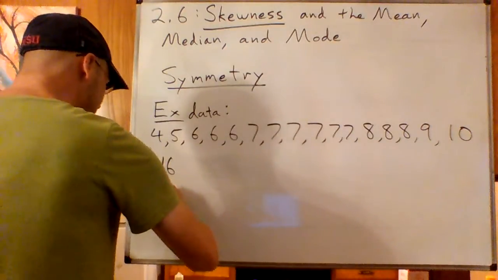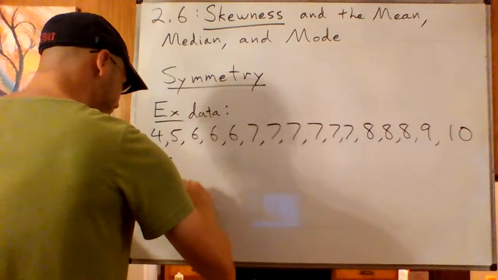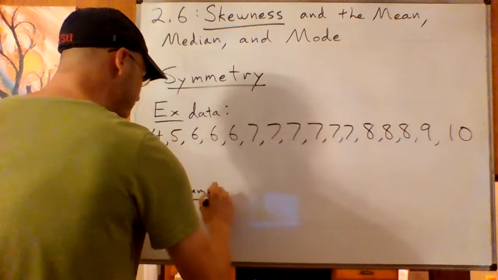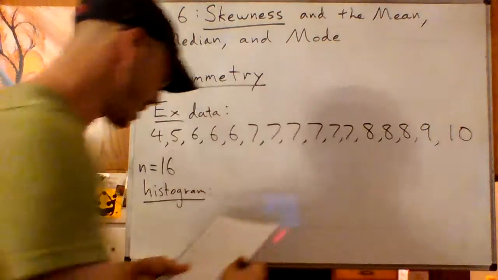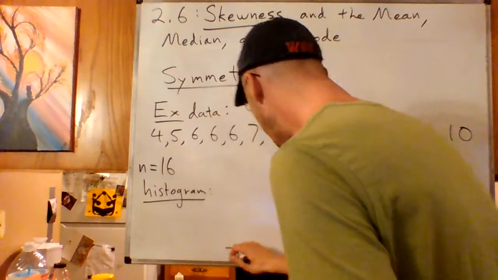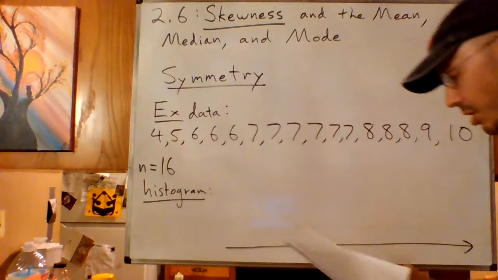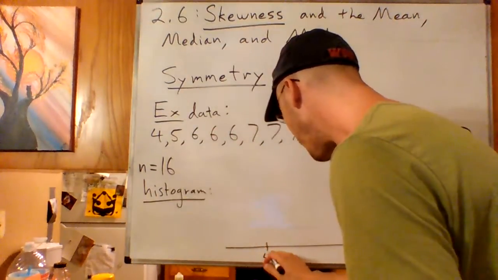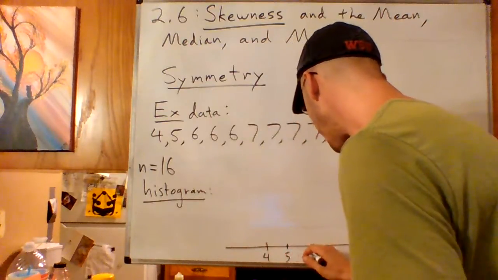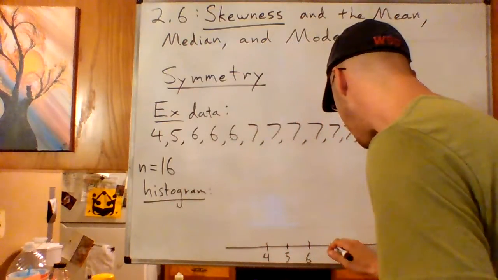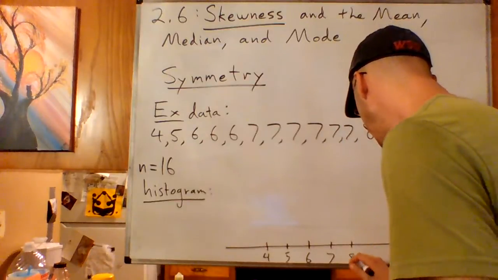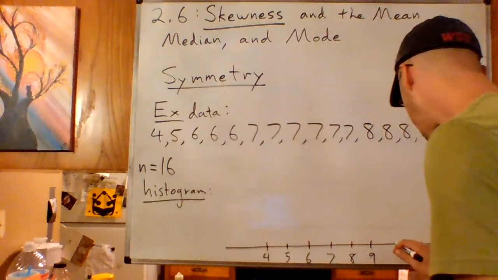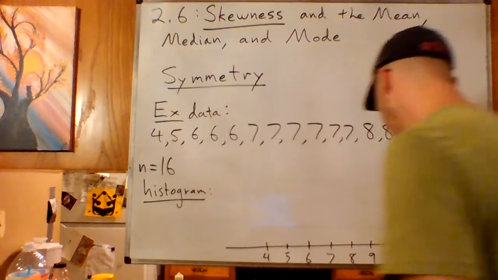I'm going to make a histogram. And this is really how we're going to examine symmetry for data. My number line needs to go down to 4, 5, 6, 7, 8, 9, 10.